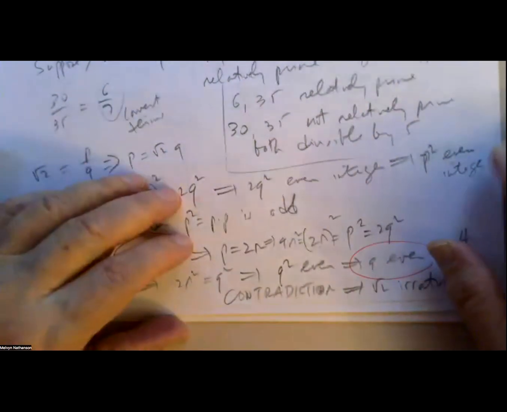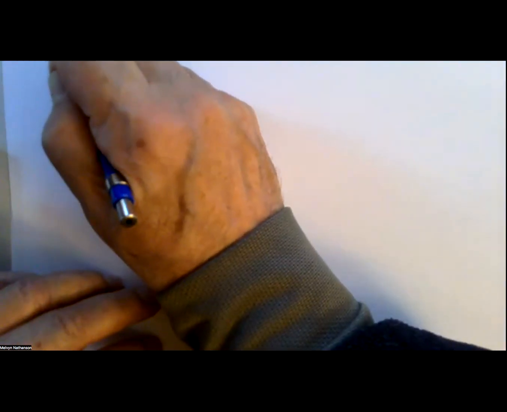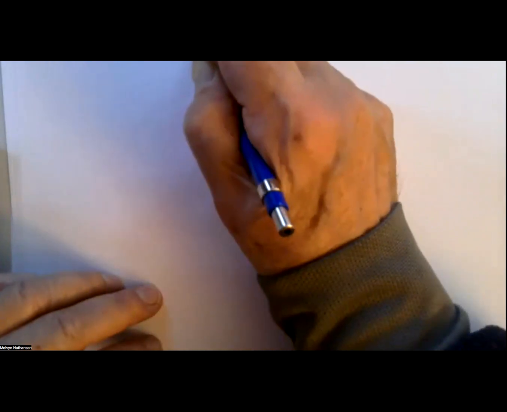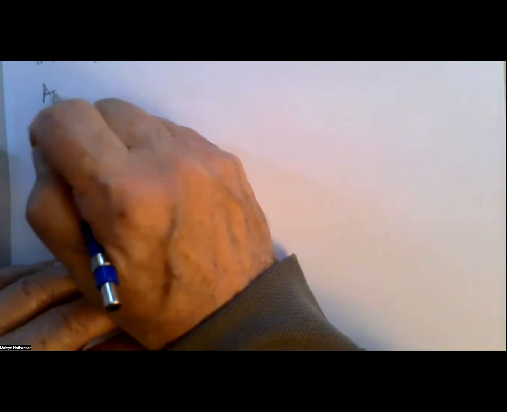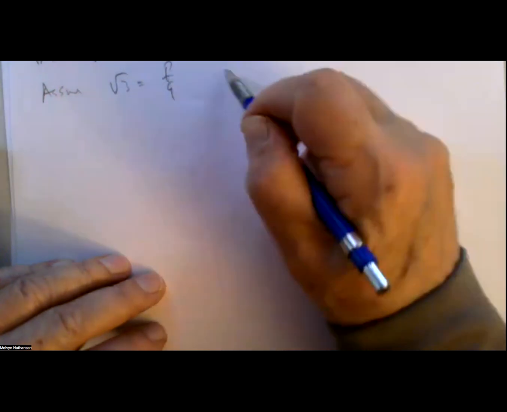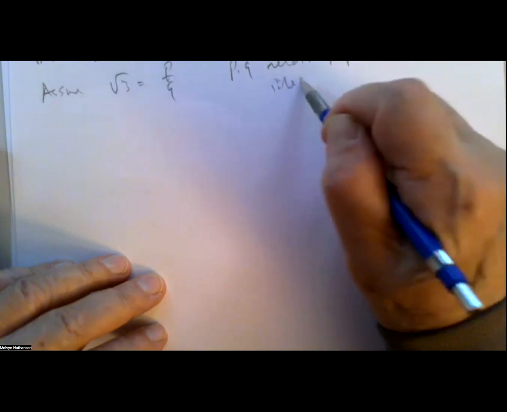Okay, let me give another example. Suppose we want to prove the square root of 3 is irrational. Well, assume the square root of 3 is a rational number p over q, where p and q are relatively prime integers.